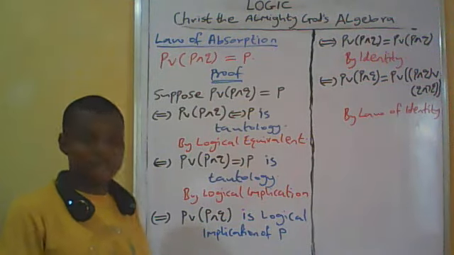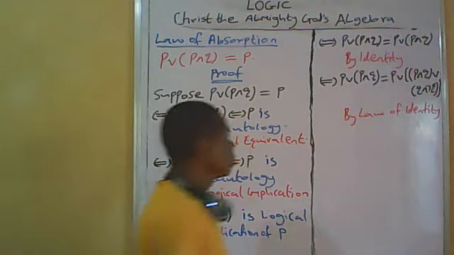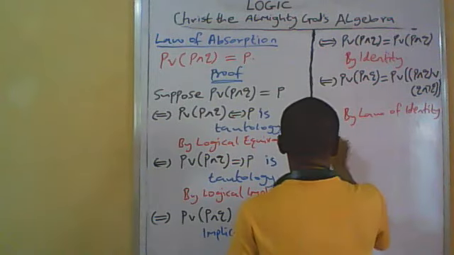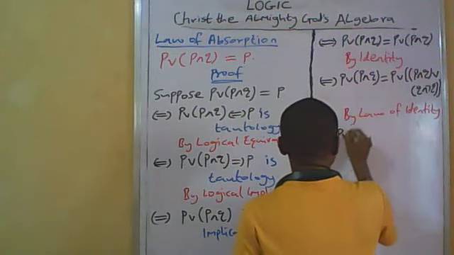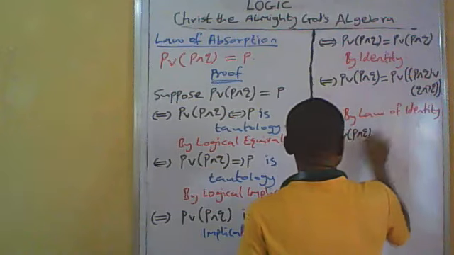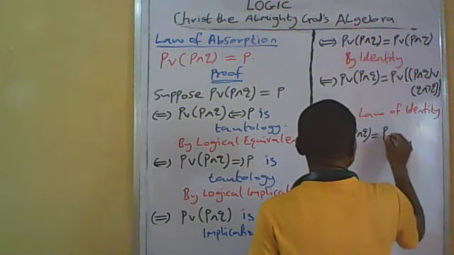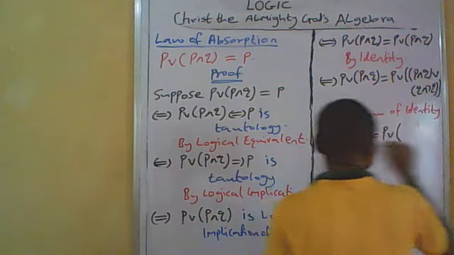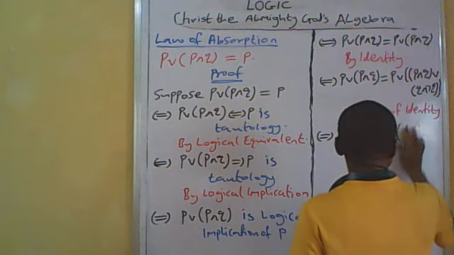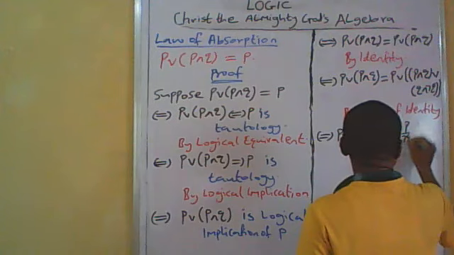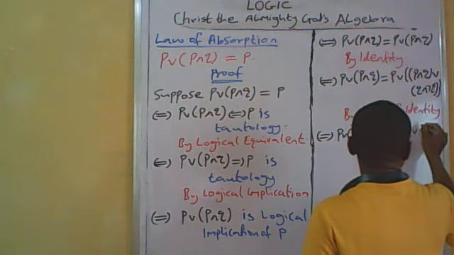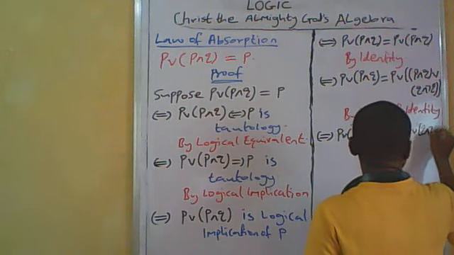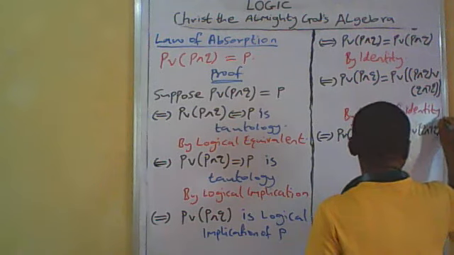So if and only if P or (P and Q) is equal to P or (P upon not Q) or (Q and not Q).